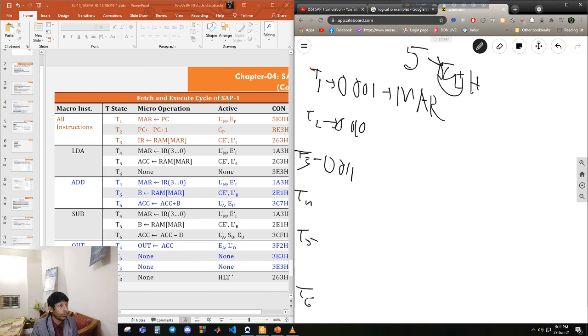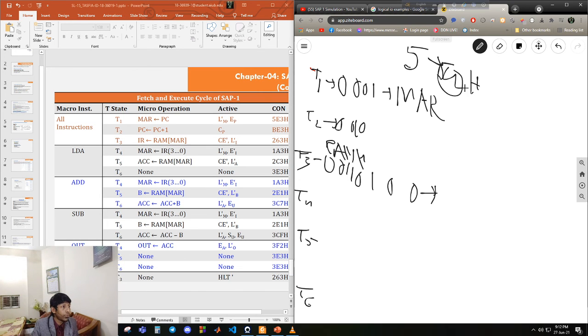Converting 4 into binary, the value will be 0100. These 4-bit values, so these 8-bit values, will be stored in the RAM. This is our T3 step. And from RAM, the memory address register will go to the address and take the value.